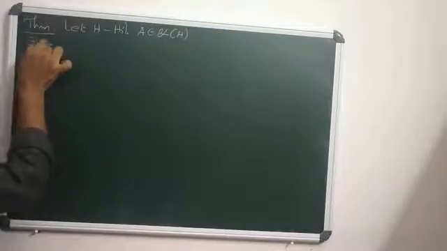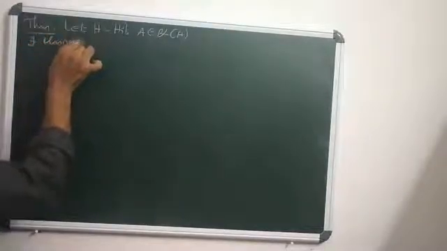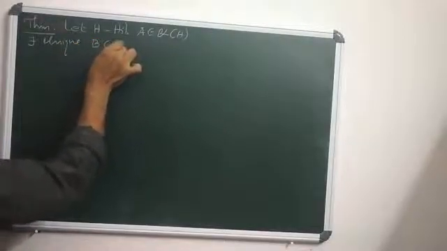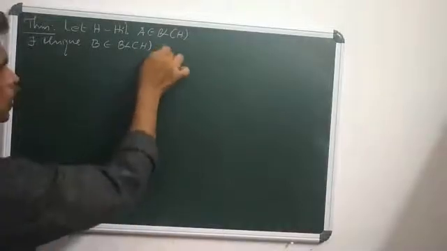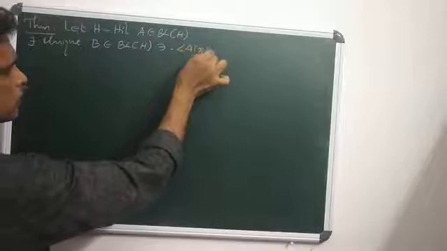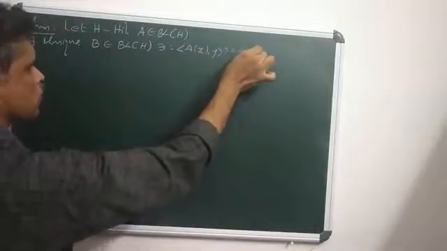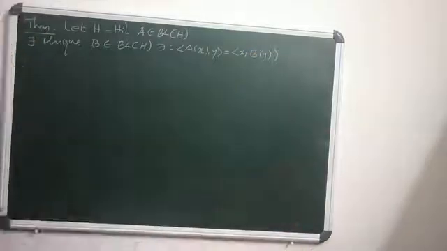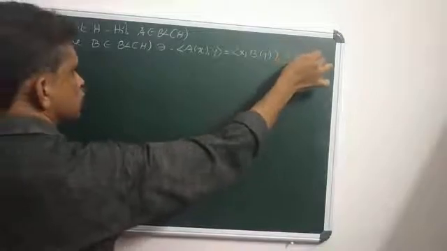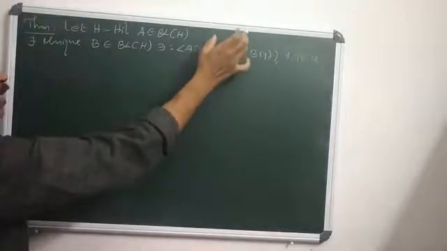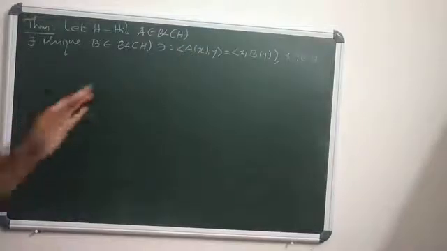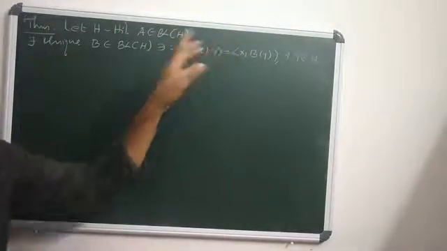Then there exists a unique B in B(H) such that the inner product <Ax, y> equals the inner product <x, By> for all x, y in H. Uniqueness is strictly preserved there. When <Ax, y> equals <x, By> is established, we define the adjoint of A. Here B is known as the adjoint of A and is denoted as A star.